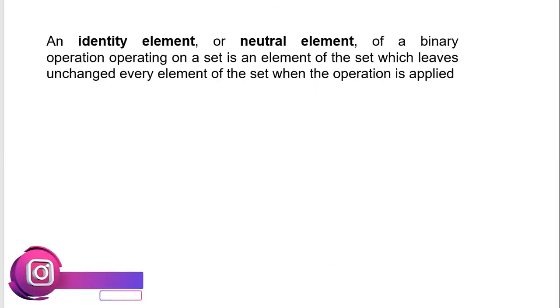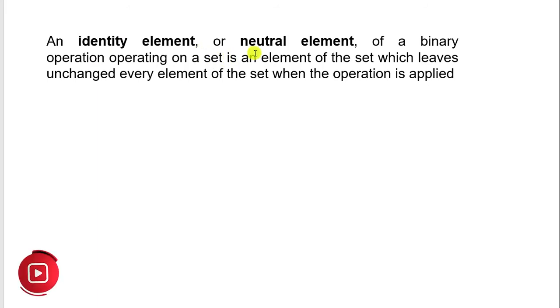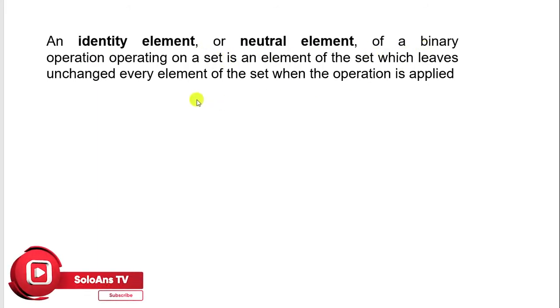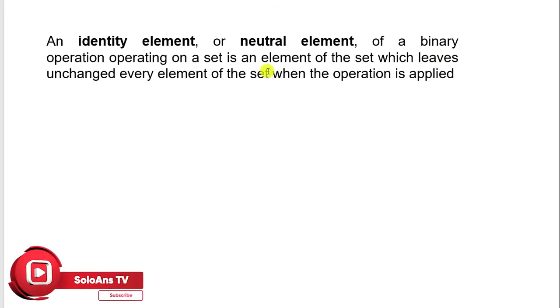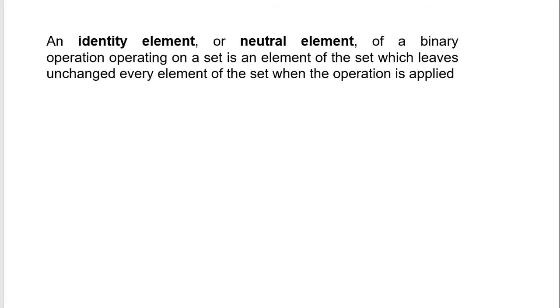So we are saying that an identity element or a neutral element of a binary operation operating on a set is an element of the set which leaves unchanged every element of the set when the operation is applied. That is the basic meaning of the identity element.